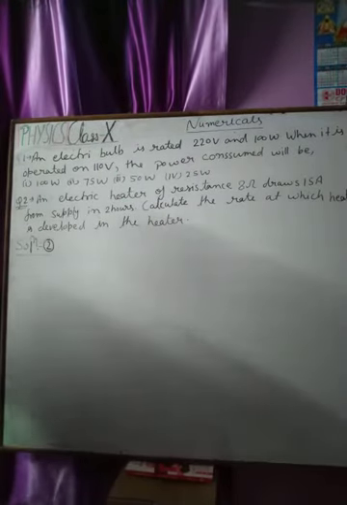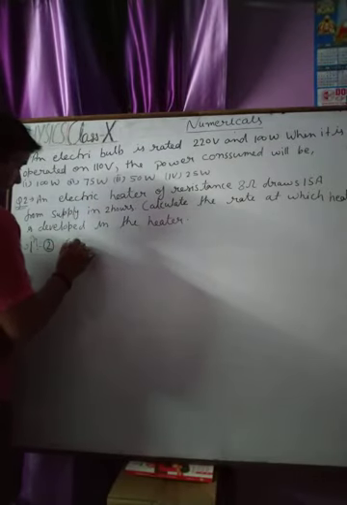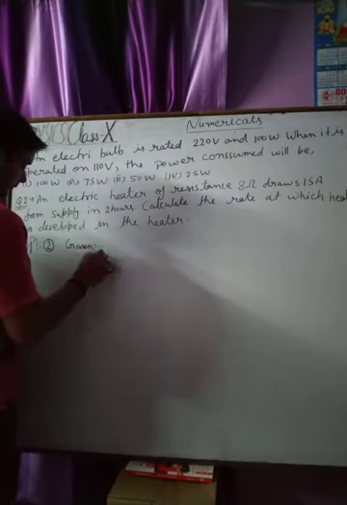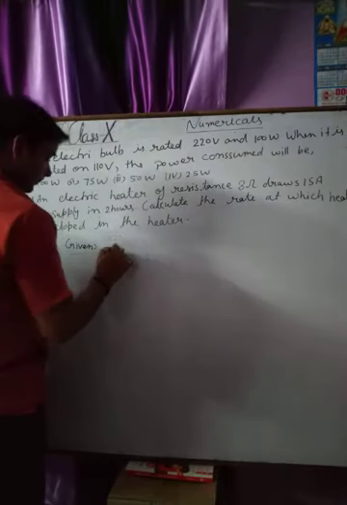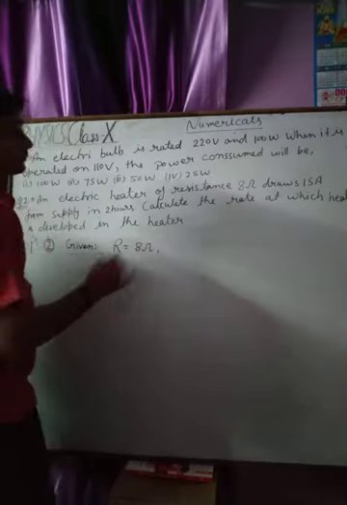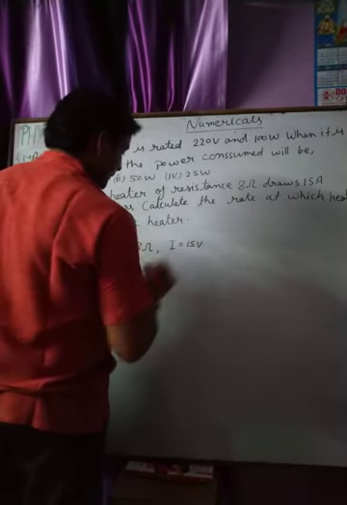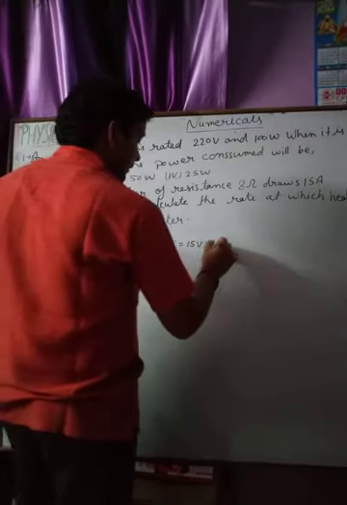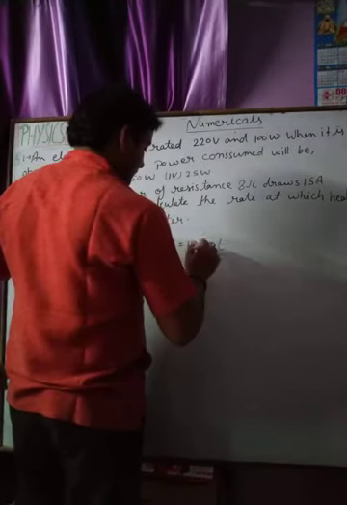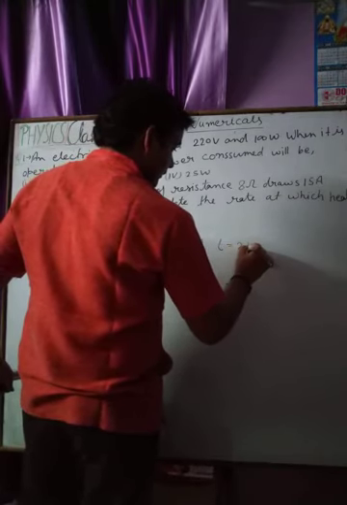Now students, we are given resistance is 8 ohm, current drawn is 15 ampere, in 2 hours, that is time.